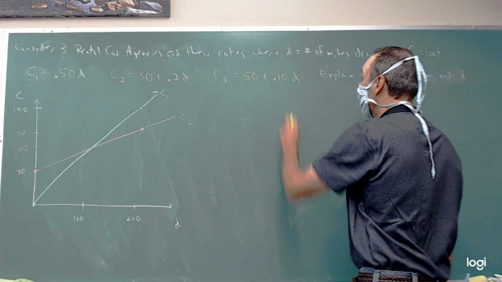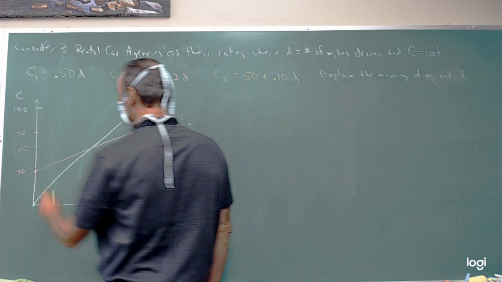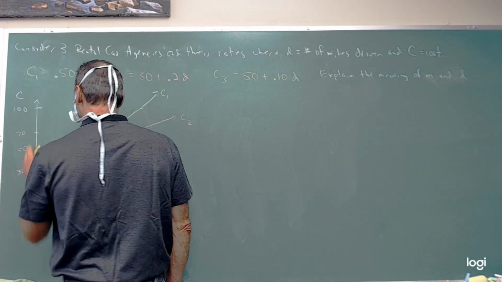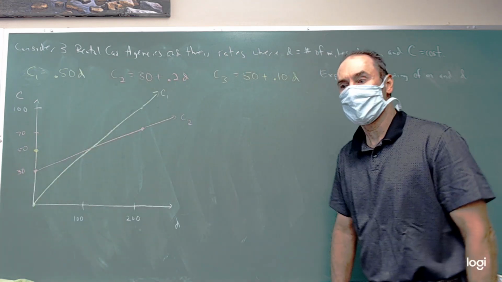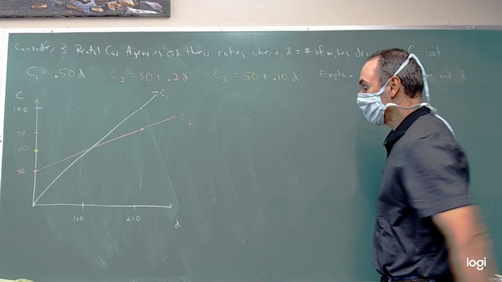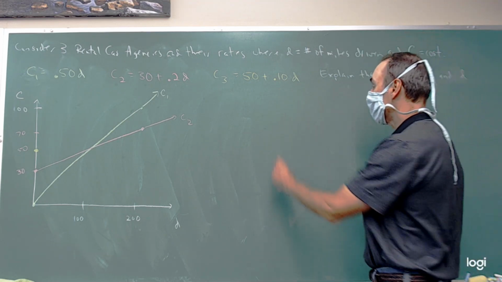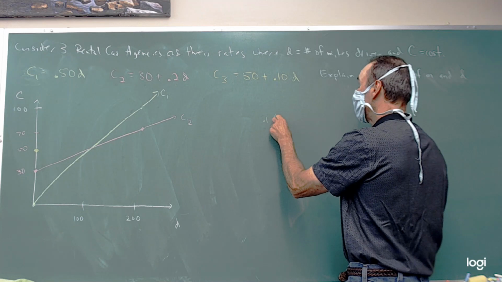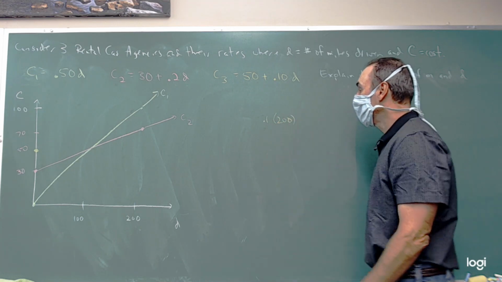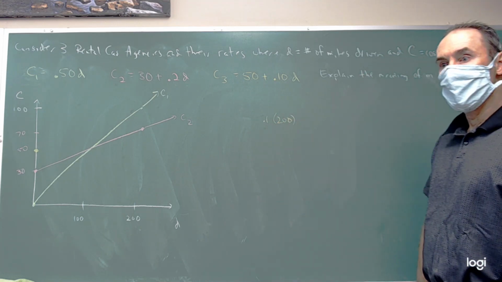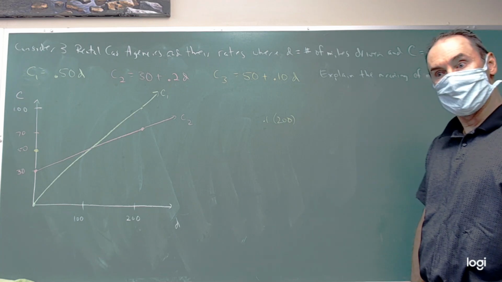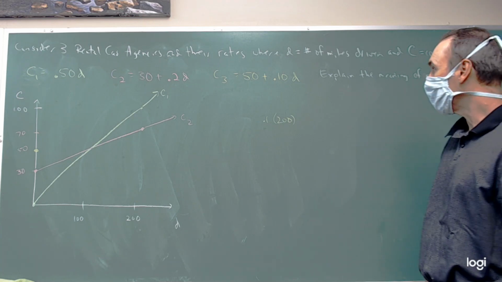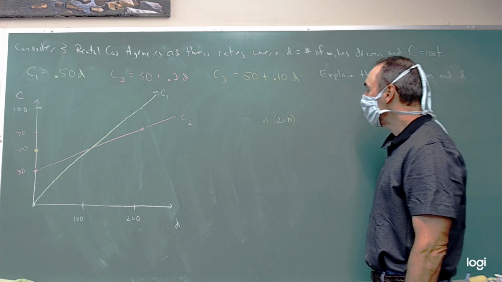Okay, so on the third one, we're going to start at 50. So there's the cost if we don't drive it at all. If we get out there to 200, 0.10 times 200 is going to be... Did I not do that right? 20, right?